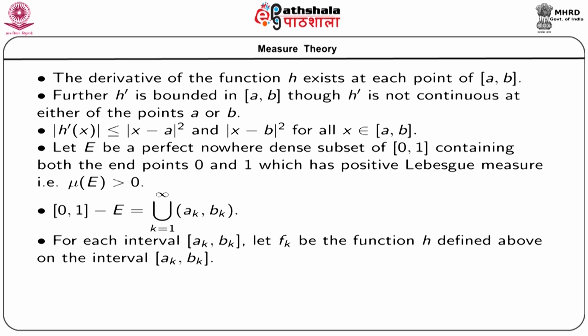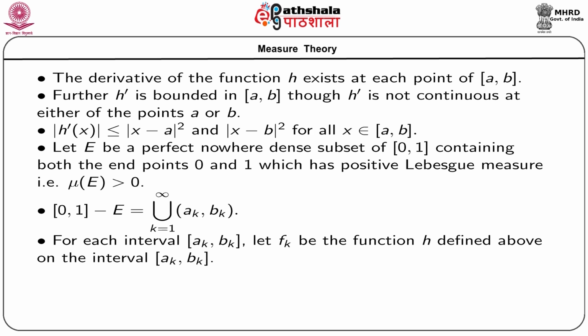and for each closed interval [a_k, b_k], let f_k be the function h that we have defined on the closed interval [a, b]. So, for each k on the closed interval [a_k, b_k], we take the same function h defined on the closed interval [a_k, b_k].